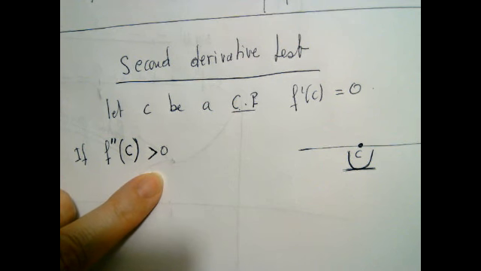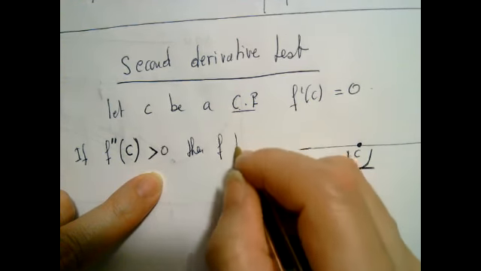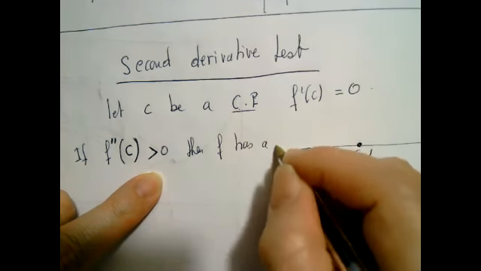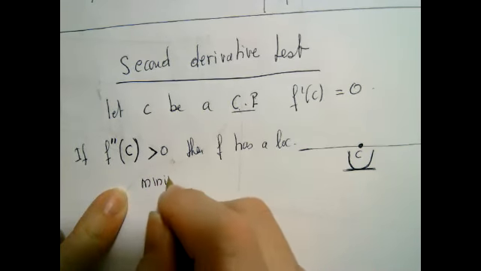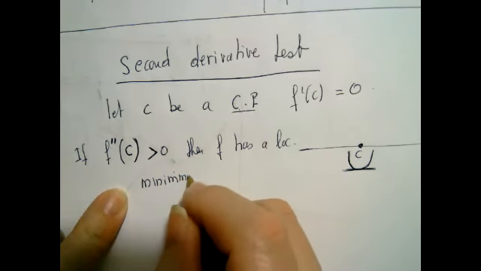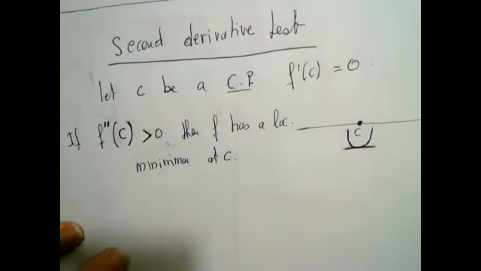So if f double prime at C is positive, then f has a local minimum at the point C. Okay, so that's how we analyze this.